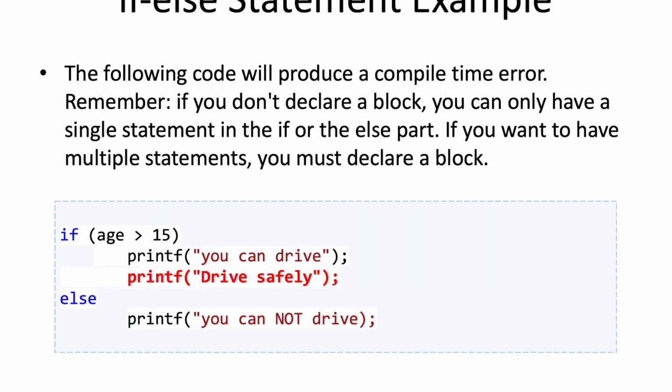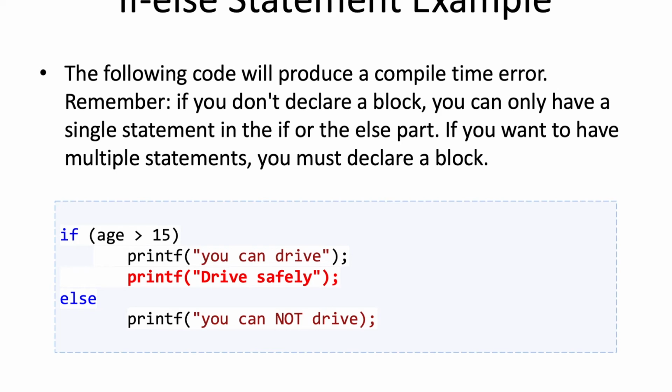For example here, if, parenthesis, age larger than 15, close parenthesis, and then there are two statements after the if, but there are no open and close curly brackets.